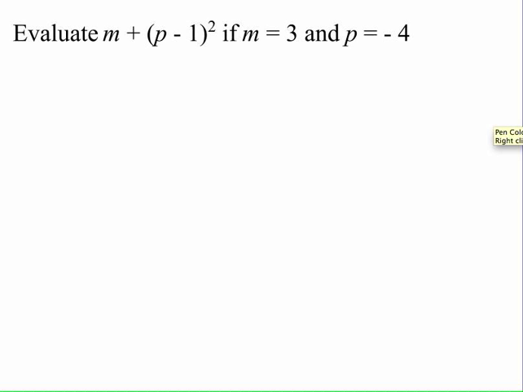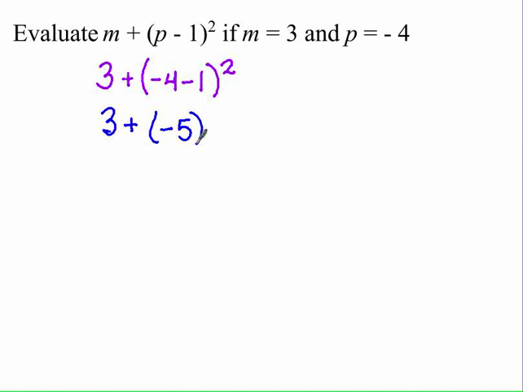So I'm left with 3 plus -4 minus 1 quantity squared. This is my expression I need to evaluate. Order of operations states I do parentheses first in this case. So I have -4 minus 1, which is -5. So -5, and I'm going to square that.